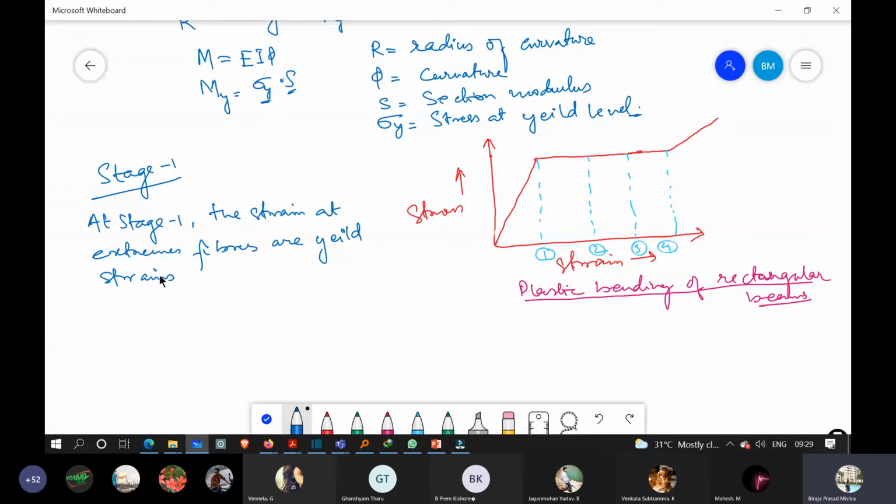So at stage 1 we have the yield strain values.